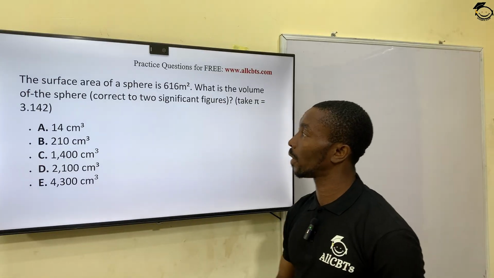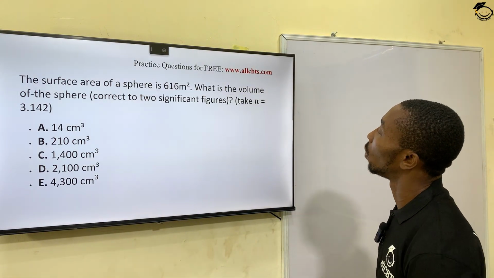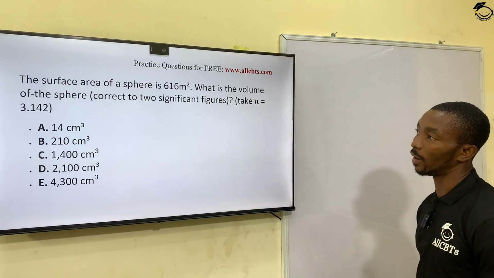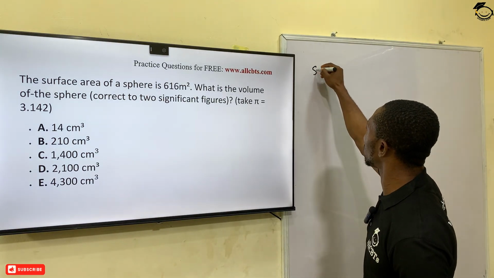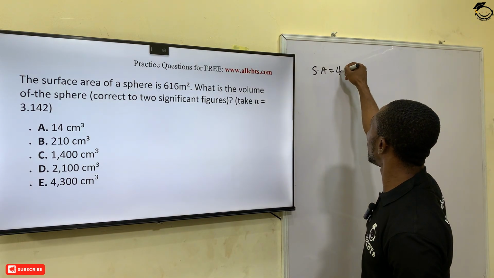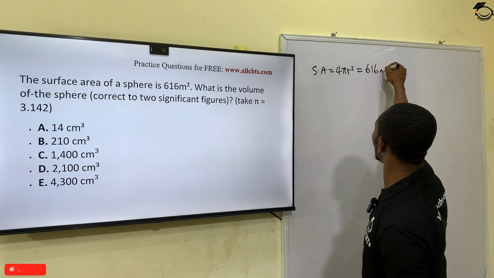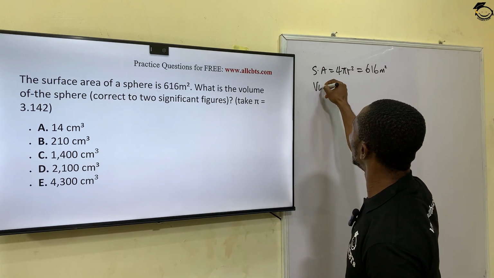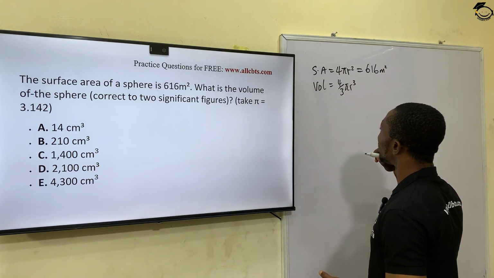The surface area of a sphere is 616 meters squared. What is the volume of the sphere? It says correct to two significant figures. Now we have our surface area as 4 pi r squared, which is 616 meters squared, and our volume is 4/3 pi r cubed.